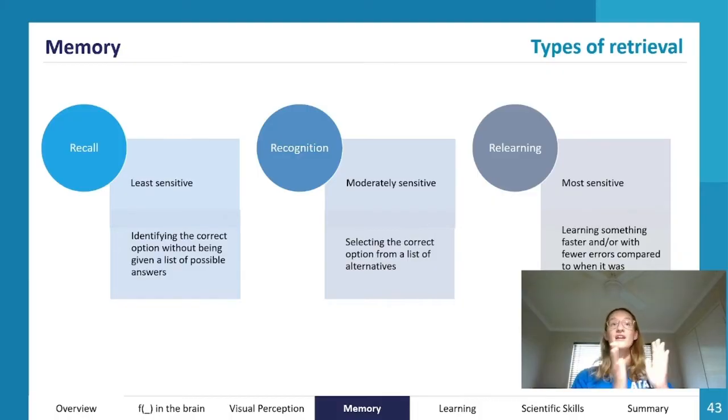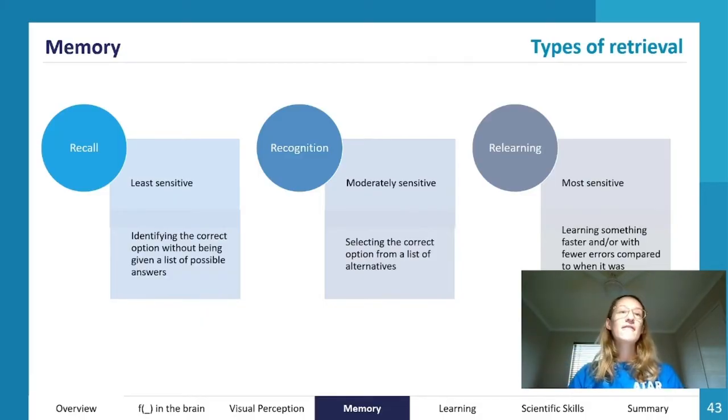So encoding is sending information from short-term memory to long-term memory, and retrieval is bringing the information back from long-term memory into our short-term memory, into our conscious thinking. For example, when you're sitting in an exam trying to remember information, you're trying to retrieve the information that is hopefully encoded in your long-term memory.